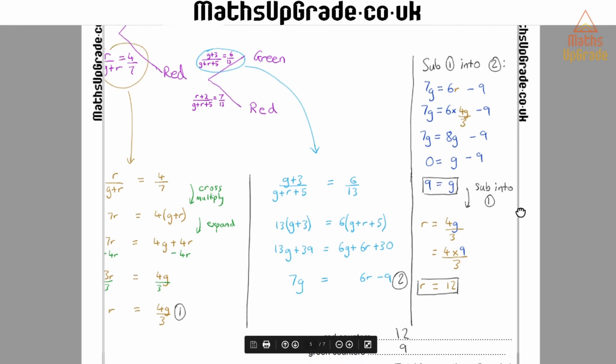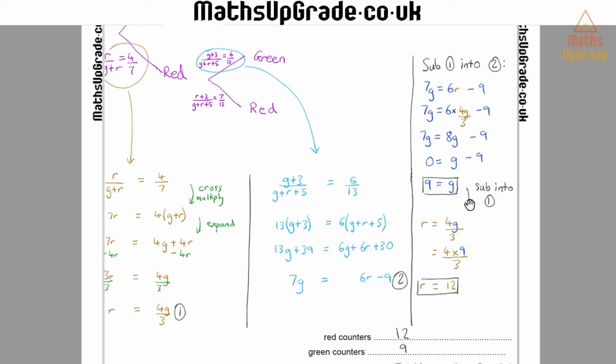So if I substitute equation 1 into equation 2, I end up with 7G equals 6 times 4G over 3 minus 9. 7G equals 24 divided by 3, which is 8G minus 9. And then I can just solve that and I get G equals 9.